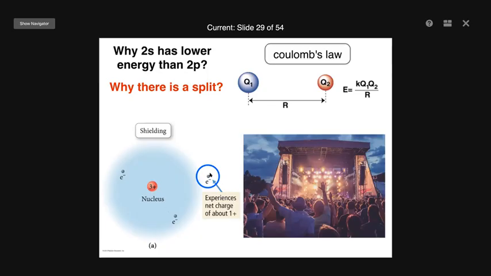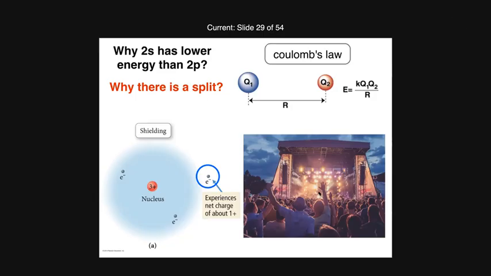Because this electron experiences repulsion, it is not going to see the nucleus clearly. Therefore, it is going to experience an actual net charge of only about 1, because you have 2 electrons blocking it. So it's similar to this picture right here. Because you are further away, it's just harder to see the artist on the stage, right?